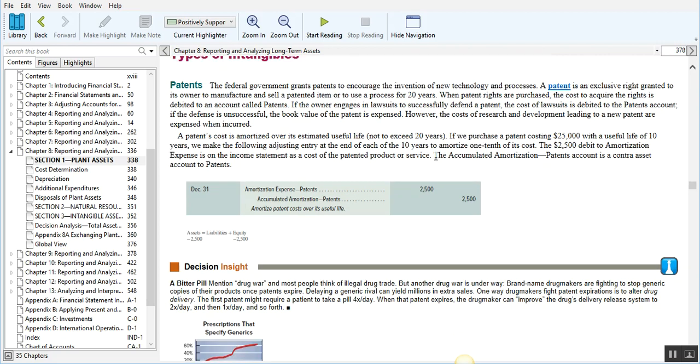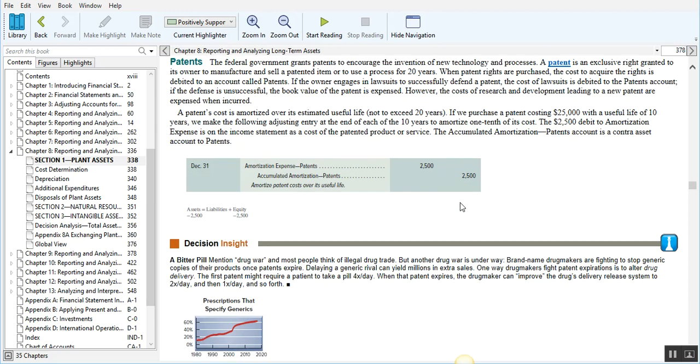If we buy a patent, and that does happen sometimes, we buy a patent that costs $25,000 and a useful life of 10 years, we would show the amortization expense for that at the end of each year. So here we're going to amortize the expense at the end of the first year of $2,500, because we take the $25,000 divided by 10 years.